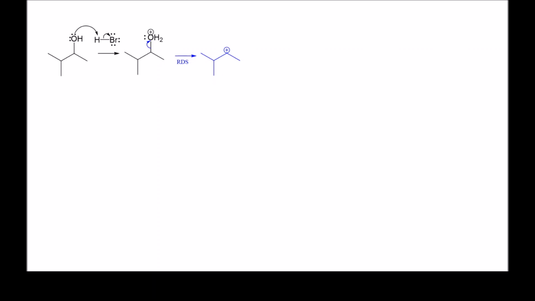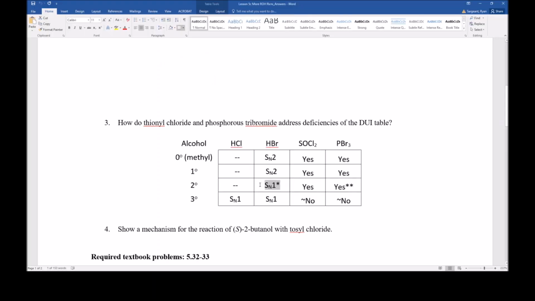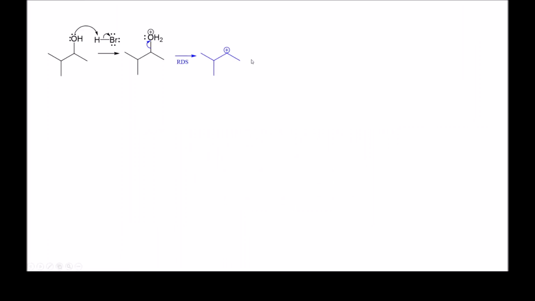And what you failed to account for was that this is a secondary carbocation that is derived from a secondary alcohol. In the DUI table right here, secondary alcohols have a tendency to shift if there is a neighboring option that allows that alcohol to become a tertiary carbocation. And we saw this in lesson 5b, that the hydride will shift over and that moves the carbocation to a more stable position.